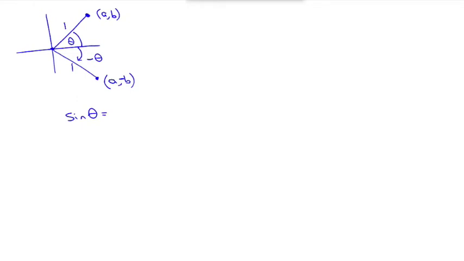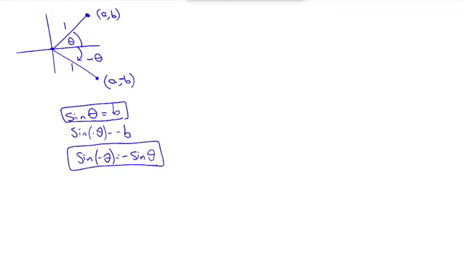Sine of positive theta is b. And the sine of negative theta is equal to negative b. So if I use this as a substitution, sine of negative theta equals negative b, and replace b with sine of theta, you get sine of the negative angle is equal to negative sine of the positive angle.